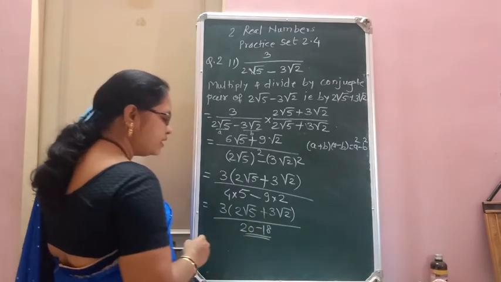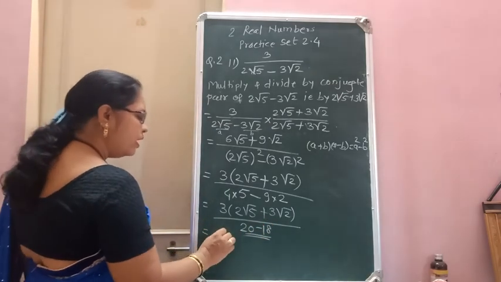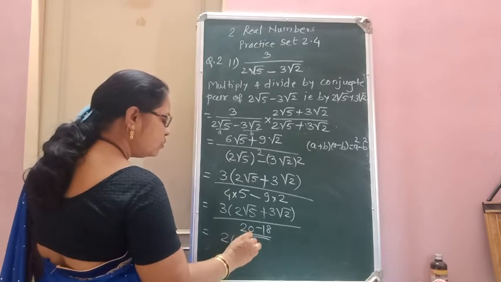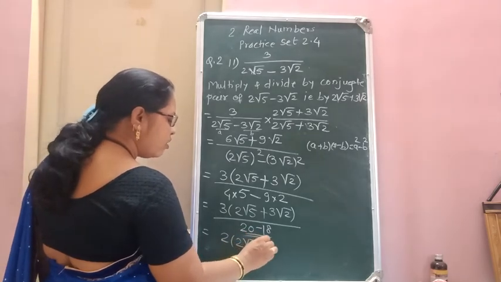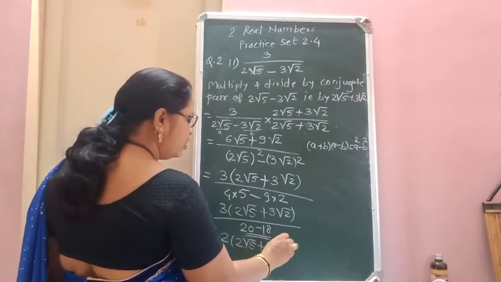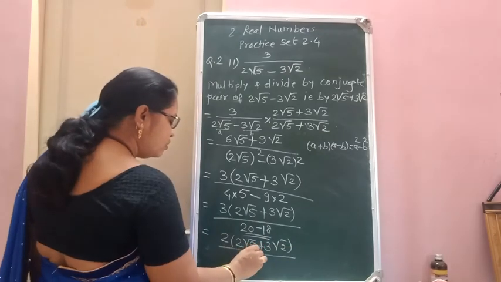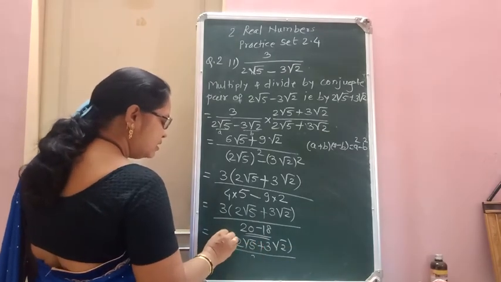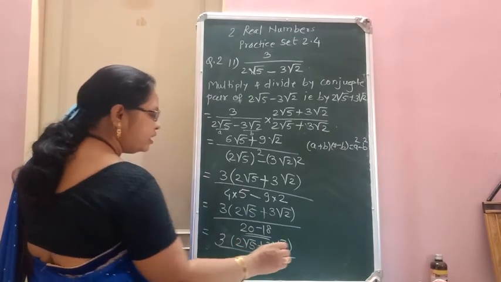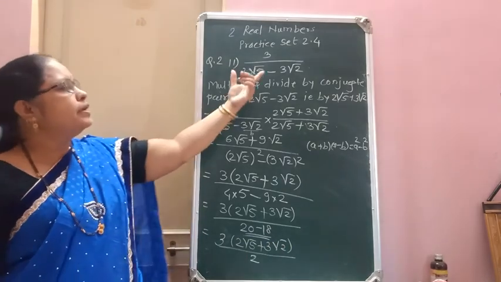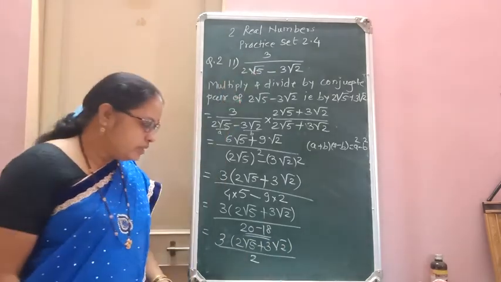And this 20 minus 18 will be 2, and there is no irrational number or surd in the denominator now. So we have rationalized the denominator by multiplying by the conjugate pair of the denominator.